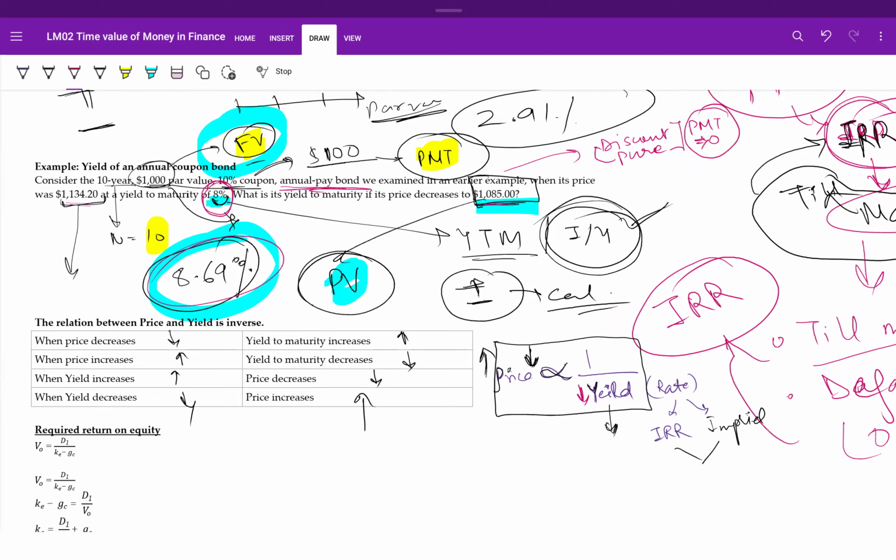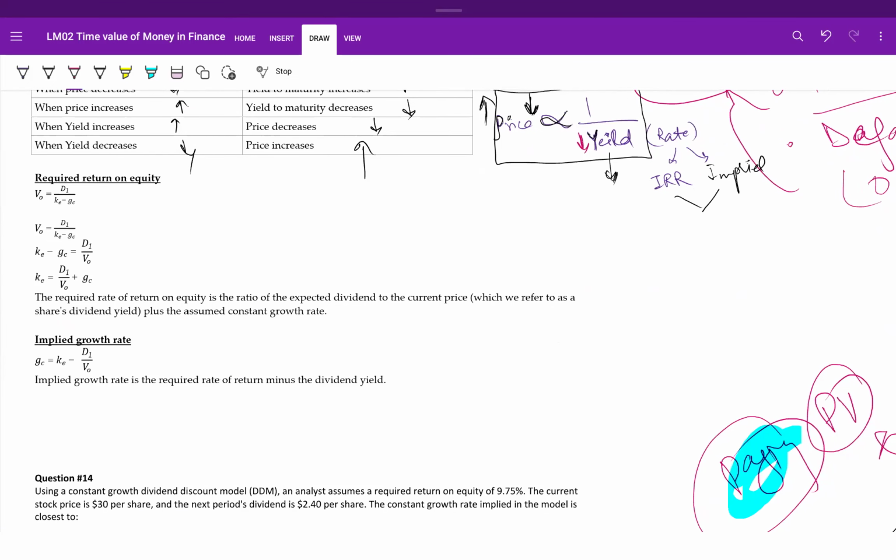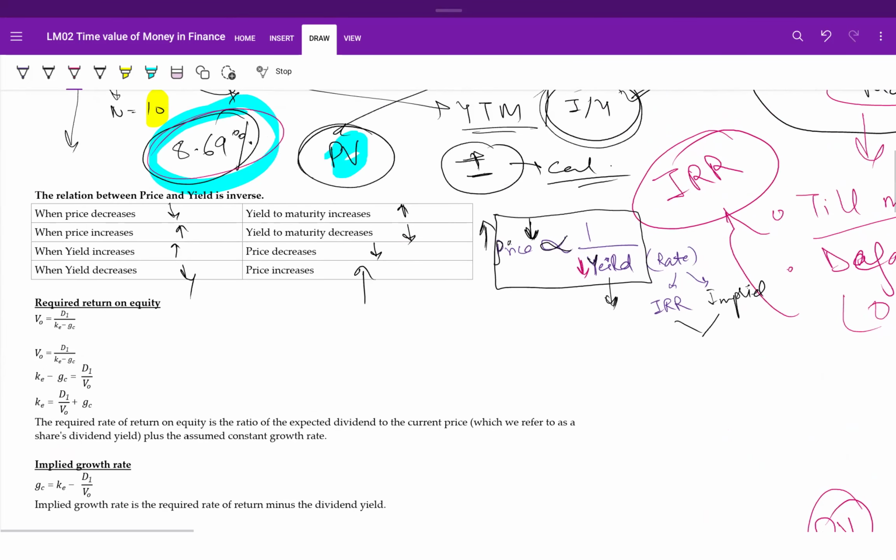All right, so required return on equity. Let's do the final words. So the relationship is inverse: when the price increases, yield to maturity decreases, or equivalently. We will use this concept again and again when we study bonds in the fixed income topic area.